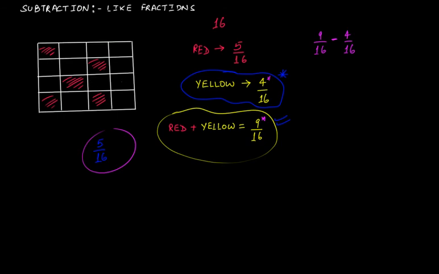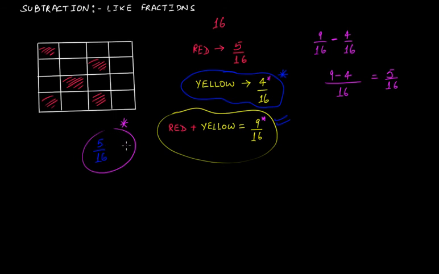Okay, now can you see that the denominator is the same, therefore this is 16, and if I subtract the numerators, that is 9 minus 4, I'm actually getting 5 by 16, and that's what we have here.